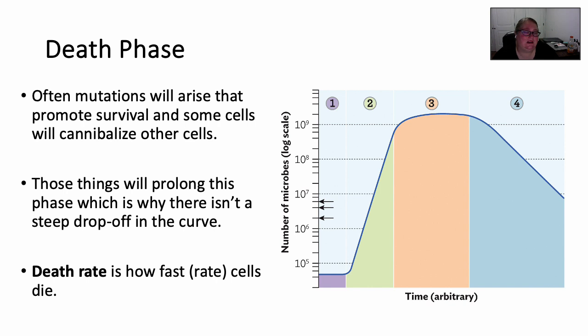So the death rate, so how fast the cells are dying, is going to be pretty gradual. So it's going to just slowly decline because some of these bacteria have adapted to prolong and put off their deaths. Okay, so we don't see a steep drop off in the death rate because of this. So it's not as steep of a curve as when they were growing.